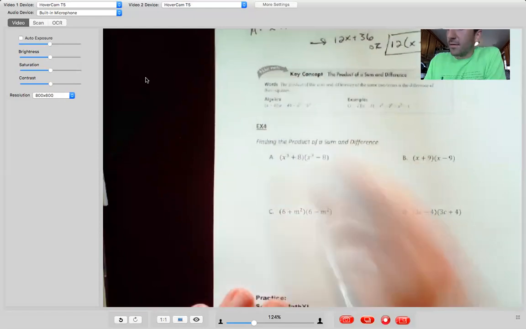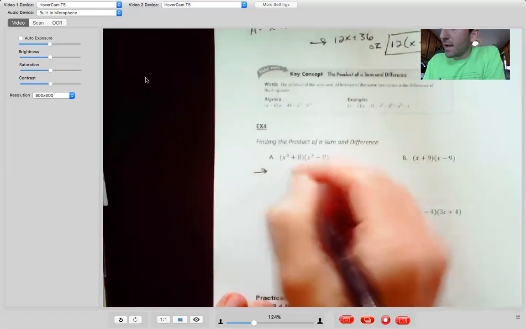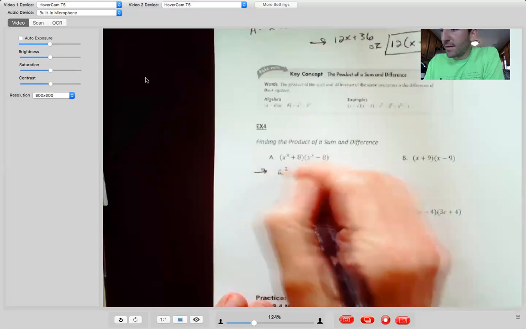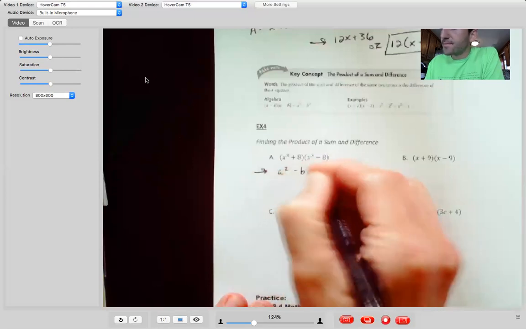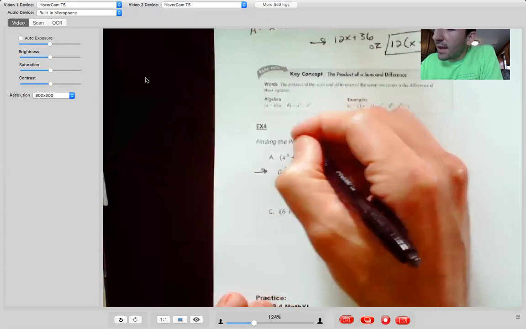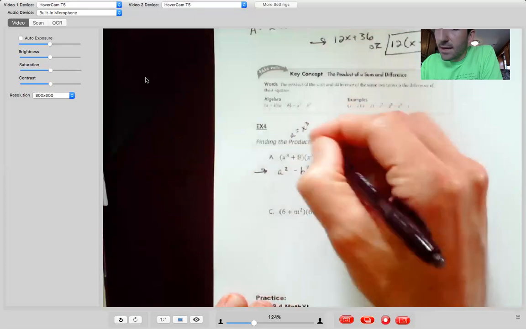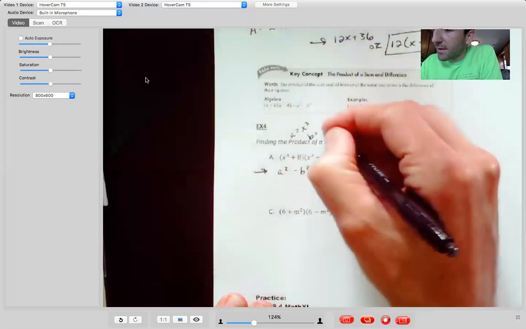So again, there's not two different formulas, so that's nice as well. The formula is a squared minus b squared. And a is the first term, so x cubed. b is the second term, so 8.